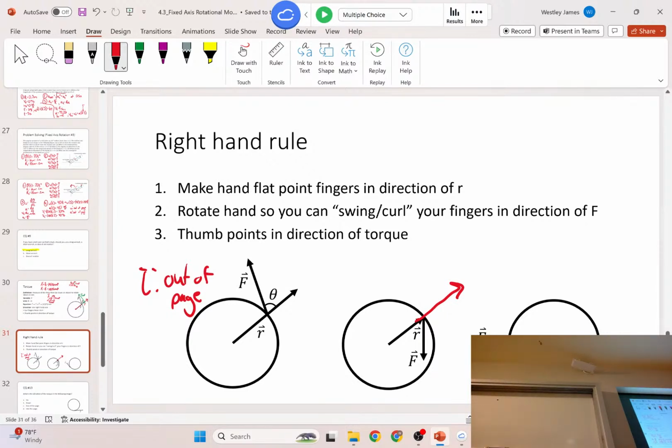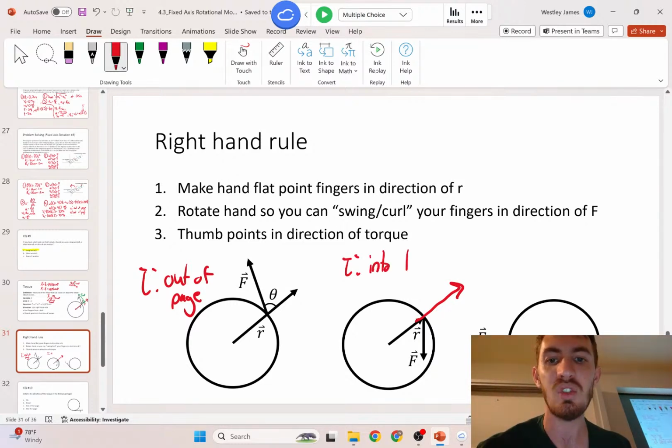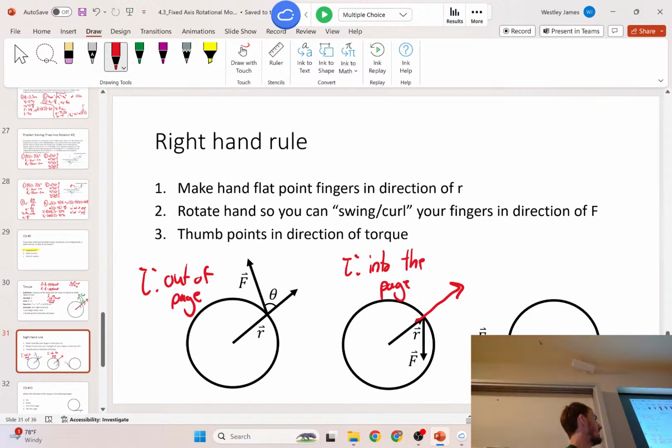You can't put your fingers backwards. If you do it sideways, no, it doesn't happen. So you put your fingers in the direction of R and you swing them towards F. In this case, the torque is into the page. Makes sense because it's going to start rotating in that direction, which would be counterclockwise.